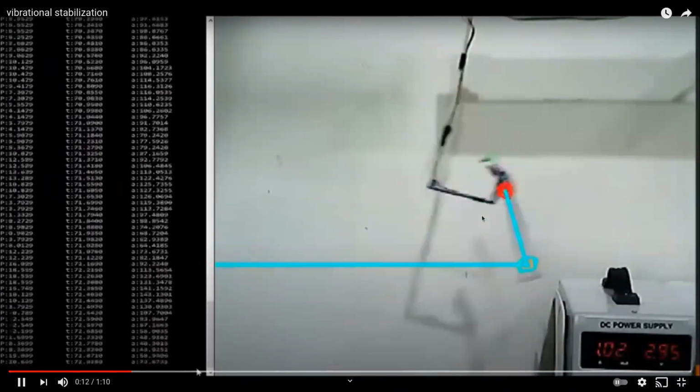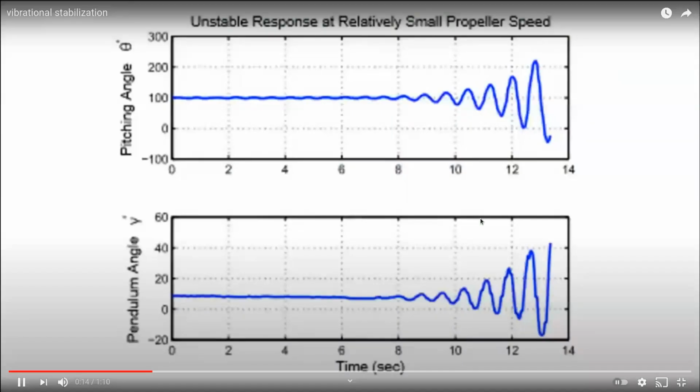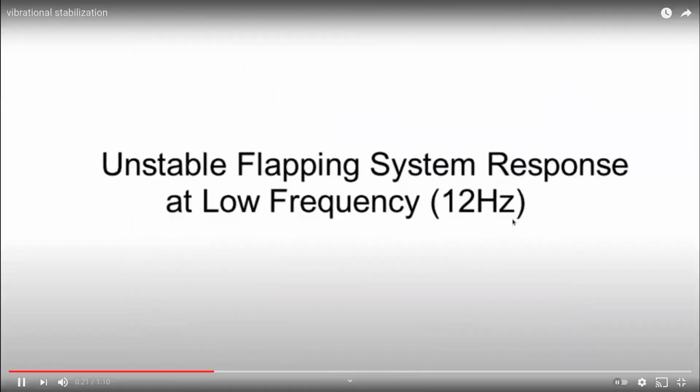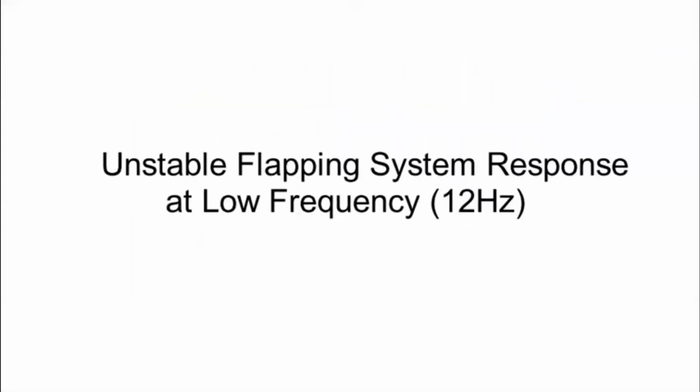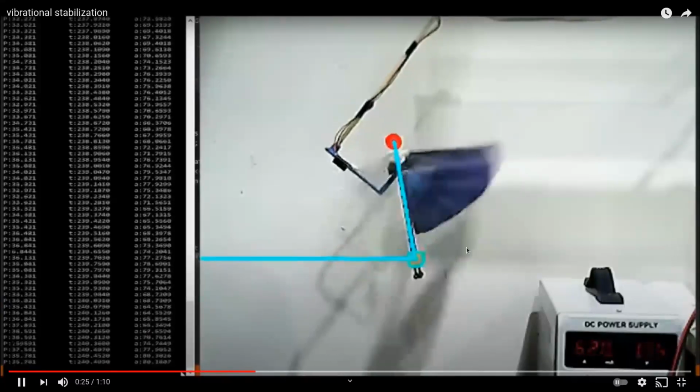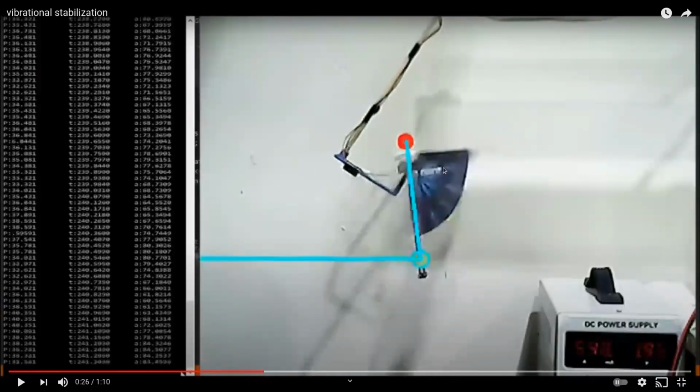So you'll see the amplitude of the oscillations just grow and grow until it theoretically goes to infinity. Instead, if we have wings, we can flap the wings, and depending on the frequency and the amplitude of the wing flapping, we can stabilize the pitching dynamics of the system, in this case of the insect or of the hummingbird.